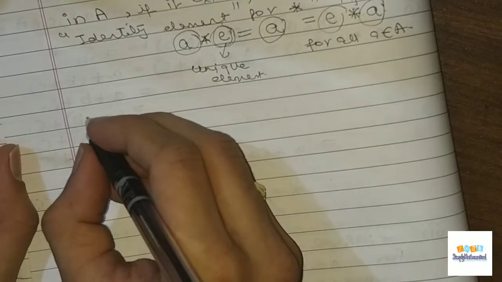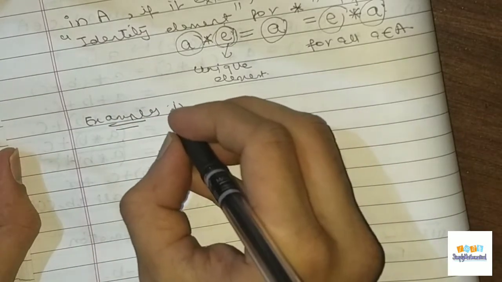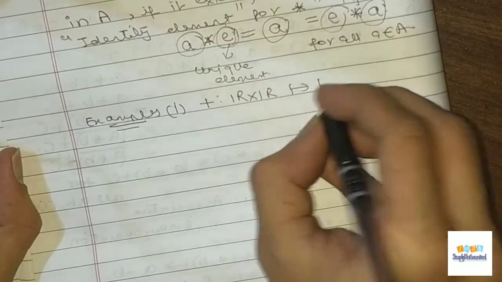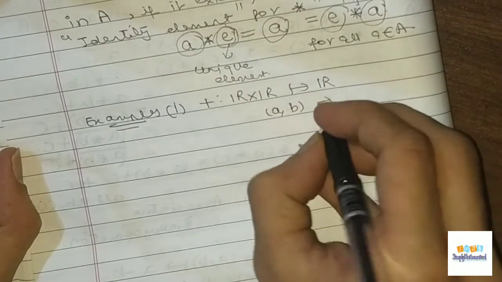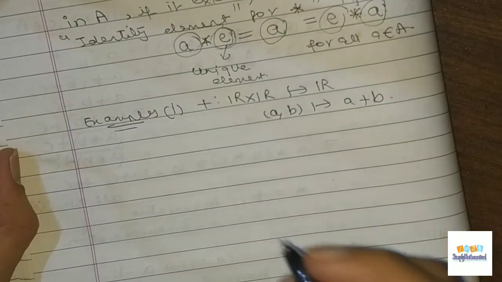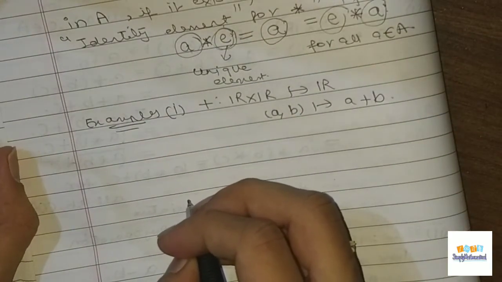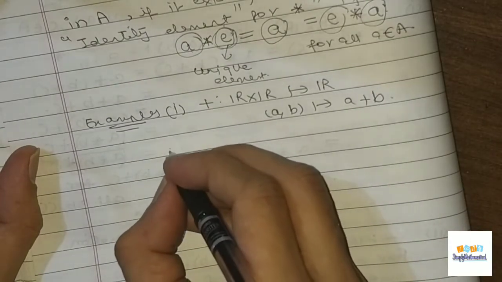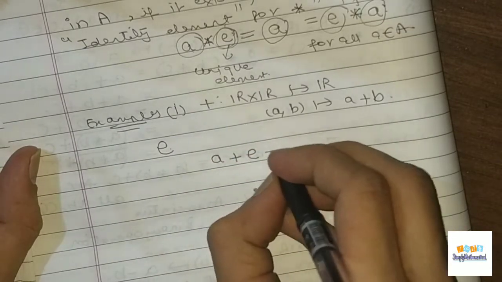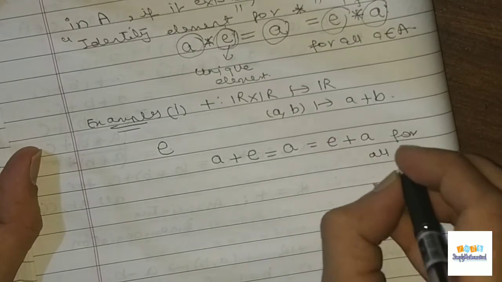Now let us look at some examples. Example 1: let us look at addition from R cross R to R defined by A plus B. If you want to find the identity element, what you have to find is one element E such that A plus E is equal to A, which is also equal to E plus A, for all A belonging to the real numbers.